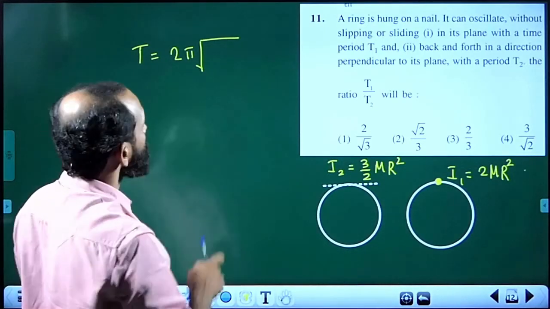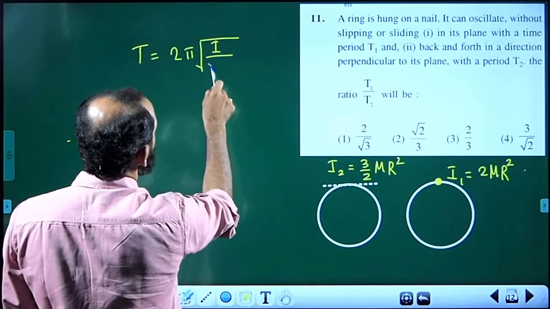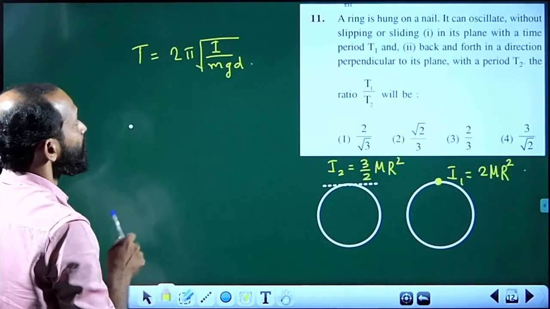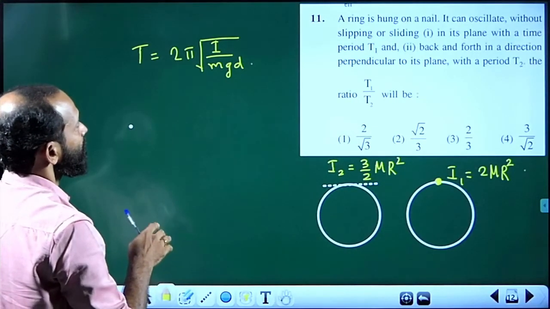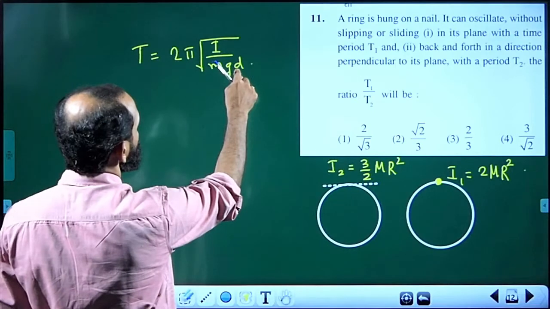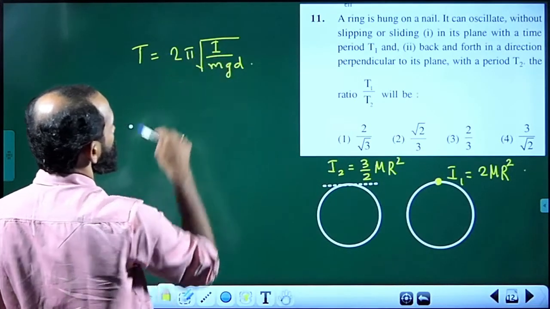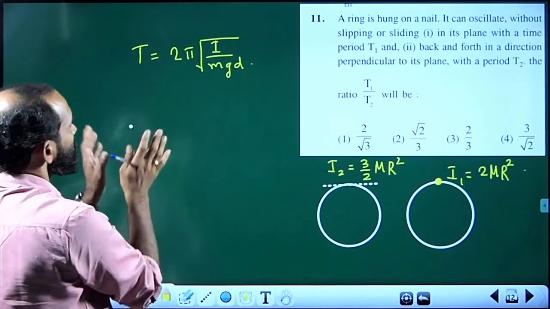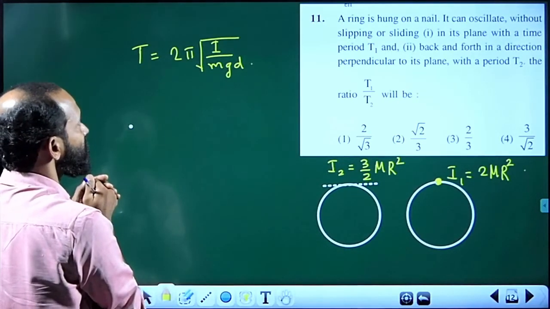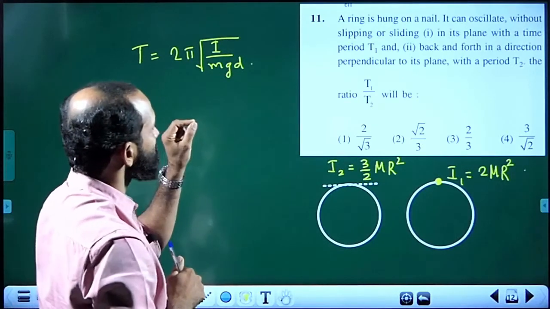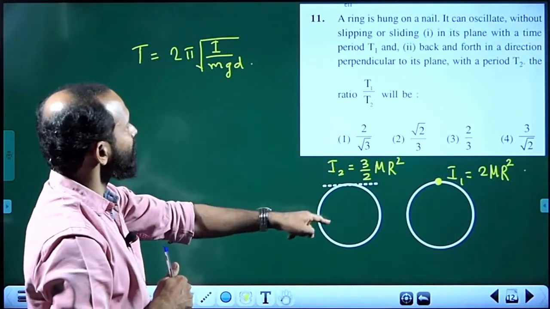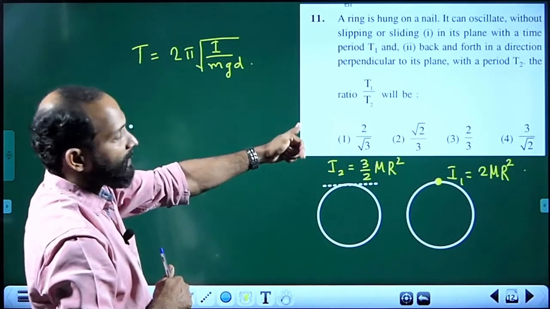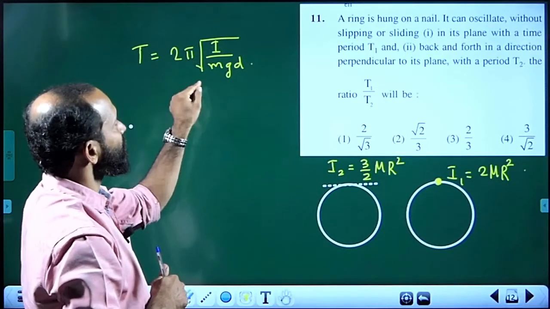A simple pendulum is a physical pendulum, with d equal to L and I equal to ml square. Then you get 2 pi root L by g. This is the general equation for the time period of a physical pendulum, where d is the distance from the supporting point to the center of gravity, I is the moment of inertia of the rigid body about that pivot, and m is the mass of the rigid body.